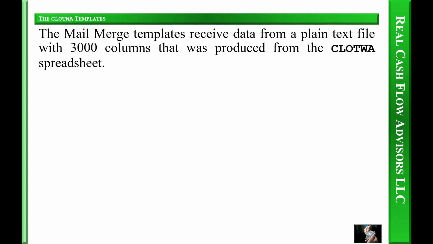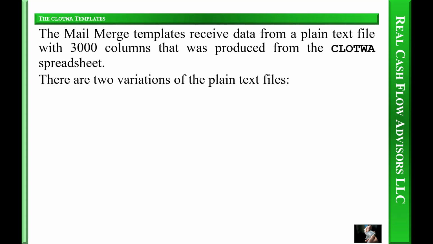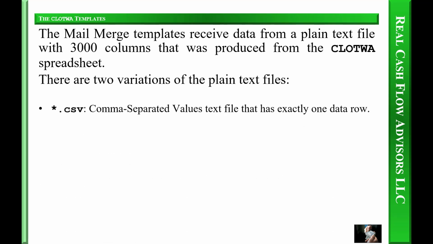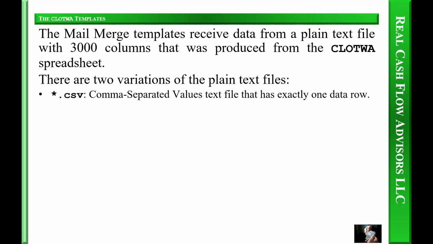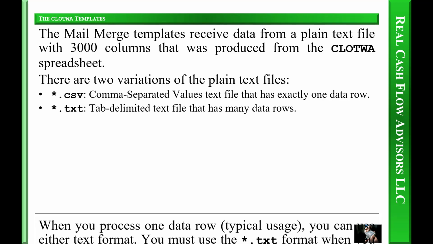The mail merge templates receive data from a plain text file with 3,000 columns that was produced from the CLOTWA spreadsheet. There are two variations of the plain text files. CSV, comma-separated values text file that has exactly one data row, or TXT, tab-delimited text file that has many data rows.